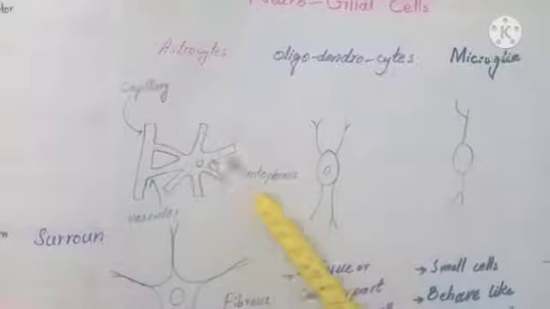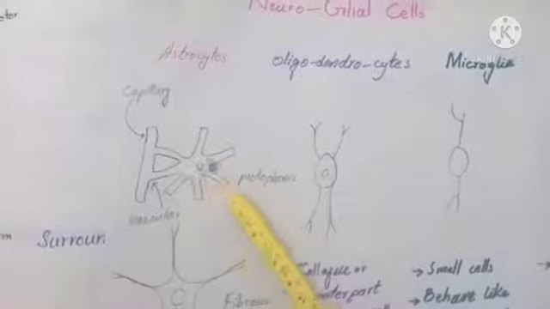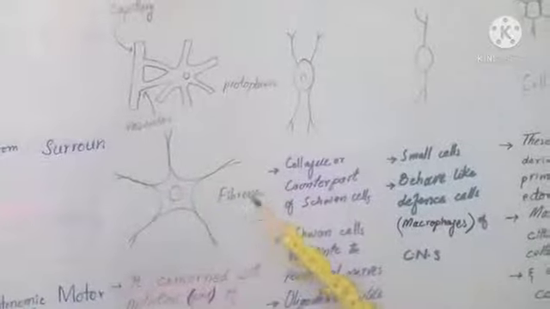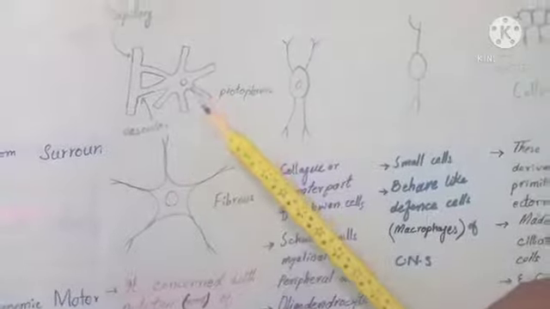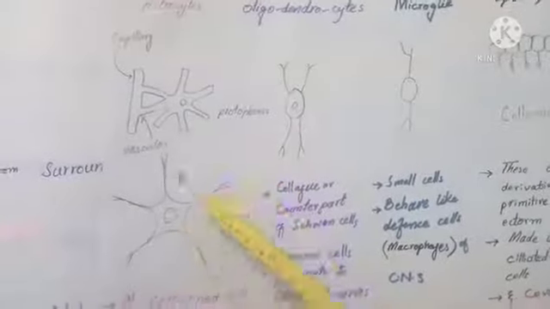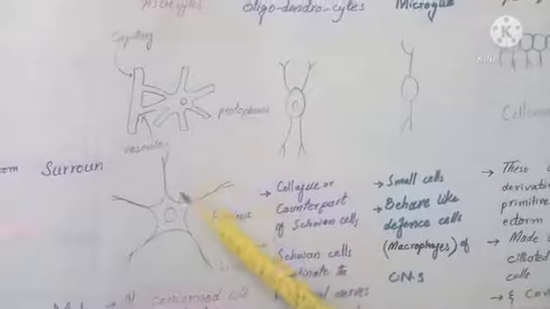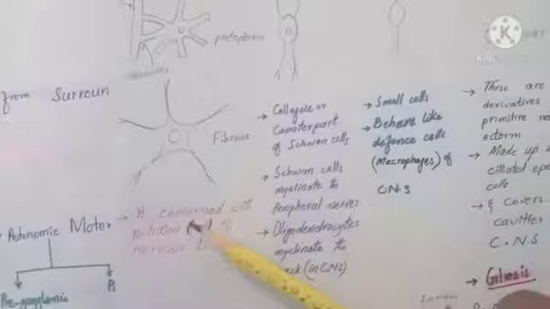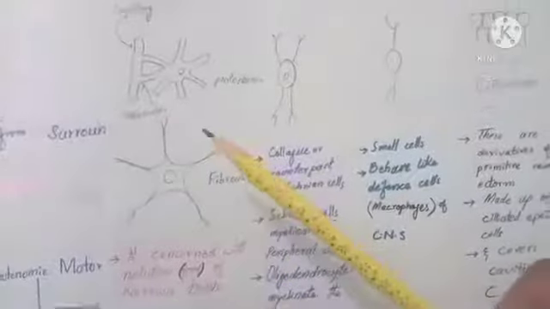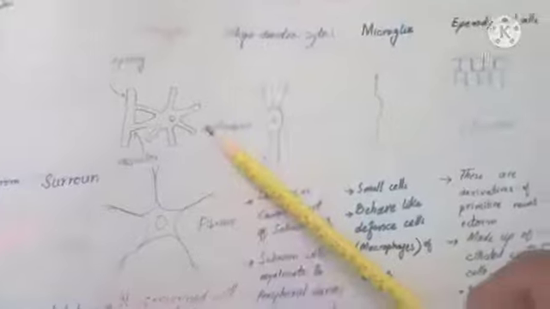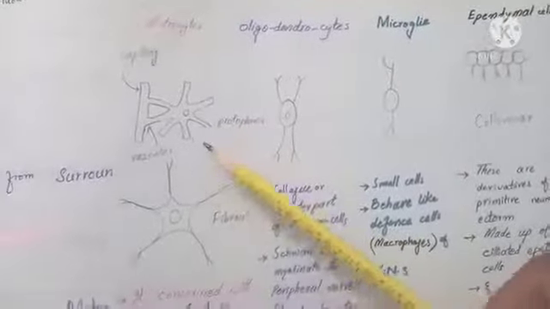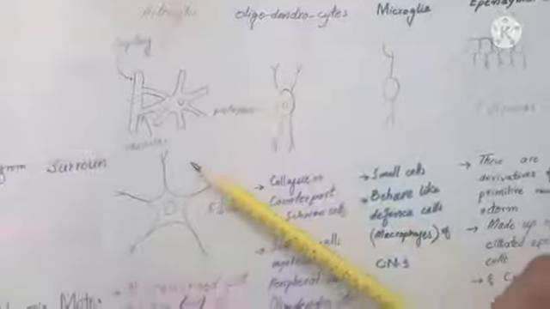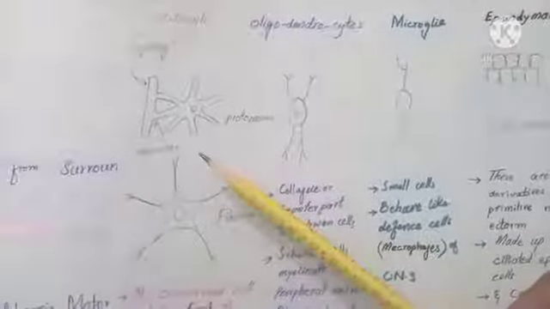In the center is the protoplasm and the nucleus, and maybe fibers. Both of these are astrocytes. They are concerned with the nutrition or food of the nervous tissue. Astrocytes provide food for the tissues of the nerves.